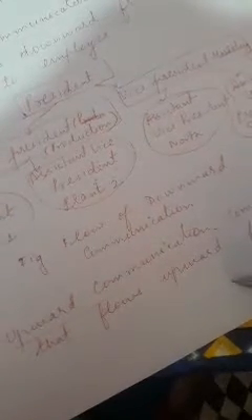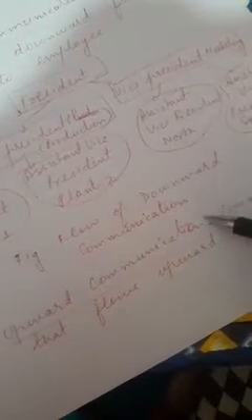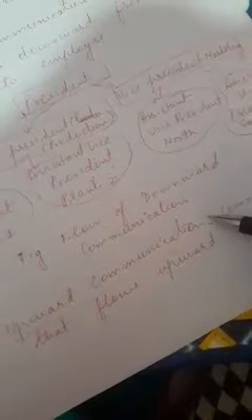Next we have upward communication, that is from bottom to top, from the lowermost level of the pyramid to the topmost, the pinnacle of the pyramid, where the information gets transferred. Communication that flows upward from the employee to the manager.